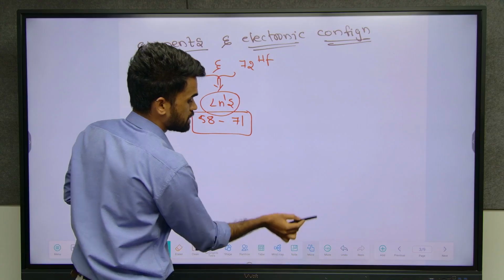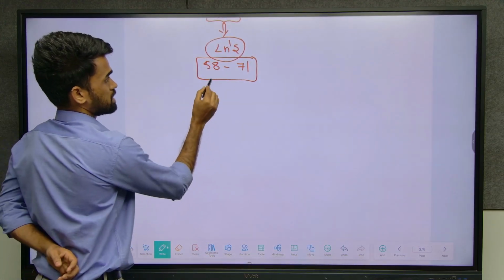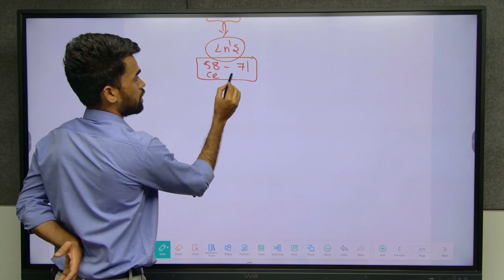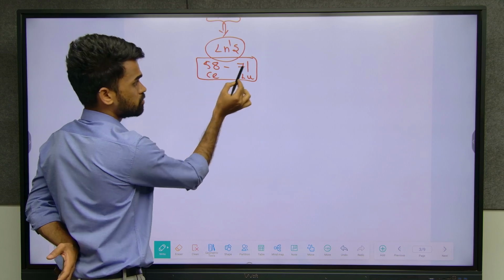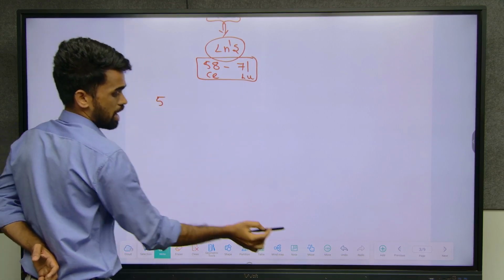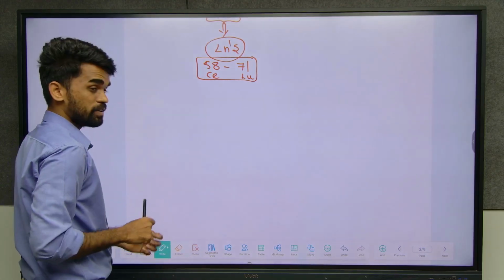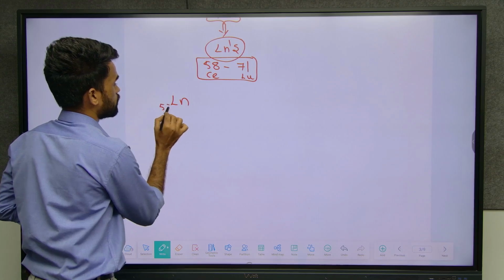Let us write all these elements. What is the first element of the lanthanide series? Cerium, 58. And the last element is lutetium. So now let us start from lanthanum itself. But lanthanum belongs to which block? D block. 57.